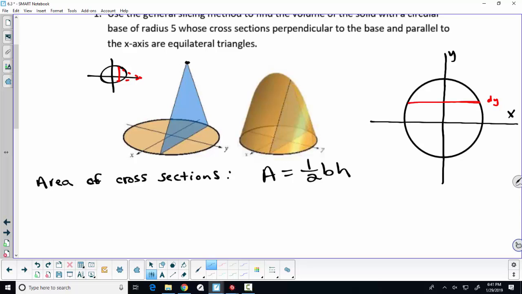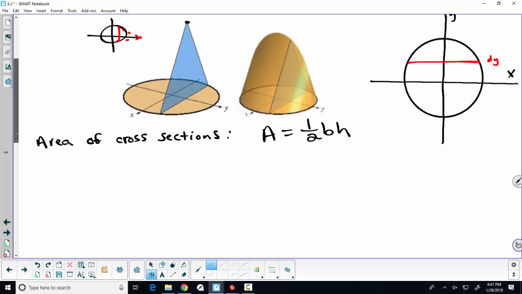So really that's the first thing. What kind of figure am I dealing with, my cross sections? Write out the formula for the area. Everything needs to be in terms of y. So having a b and an h here isn't sufficient. We have to have the base and the height in terms of y. We're solving for x. Sorry, I said that wrong. In terms of y, meaning we're solving for x, because our cross sections have a thickness dy.